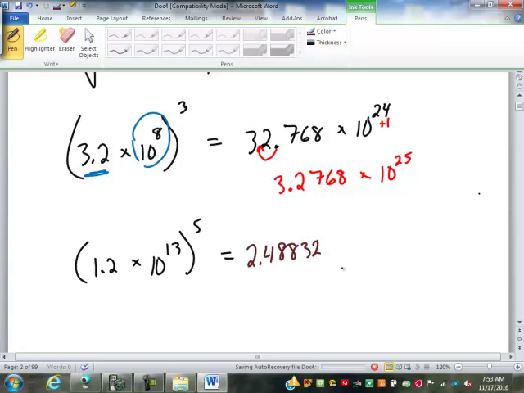By the way, when you do a power like that, how many decimal places were there here? There was 1, right? To the power of 5 is going to be 1 times 5, or 5 decimal places. Times 10 to the 65th. 13 times 5 is 65.